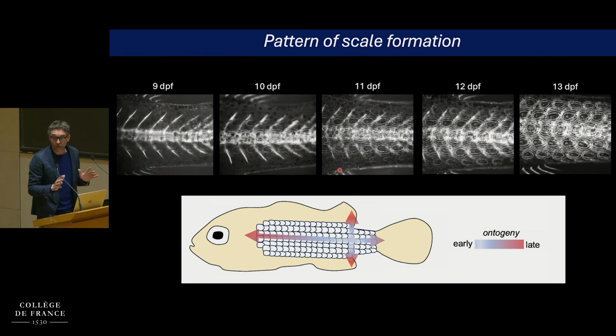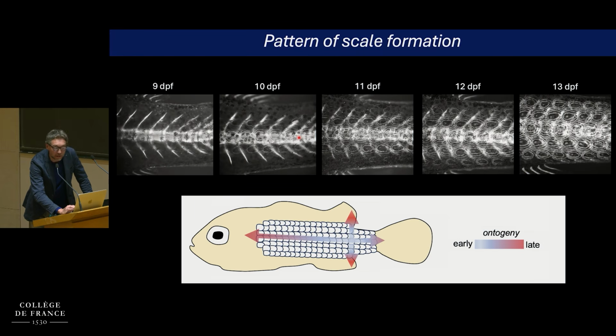So if we're first looking at how this happens in an ordinary fish, we do this work in African cichlid fish. They're actually quite good for this because they have a rapid development, and the scales appear on the skin within a couple of days. So you can see here from 9 to 13 days post-fertilization, you get little scales, perhaps visible here.